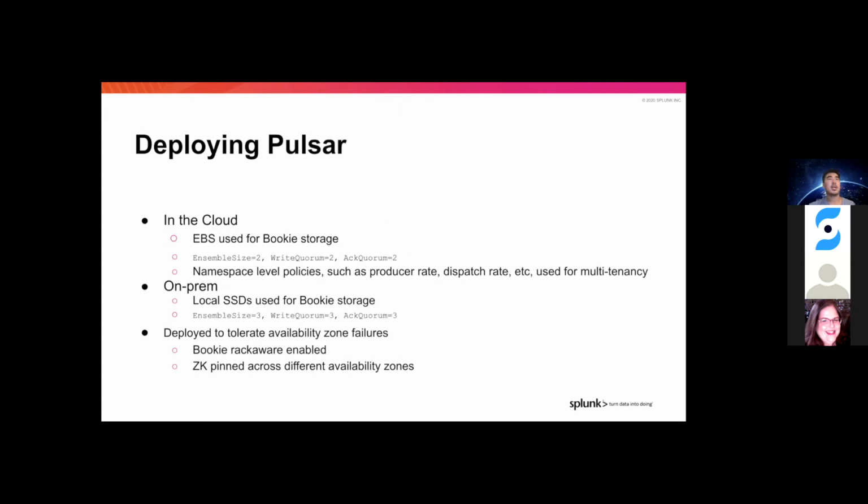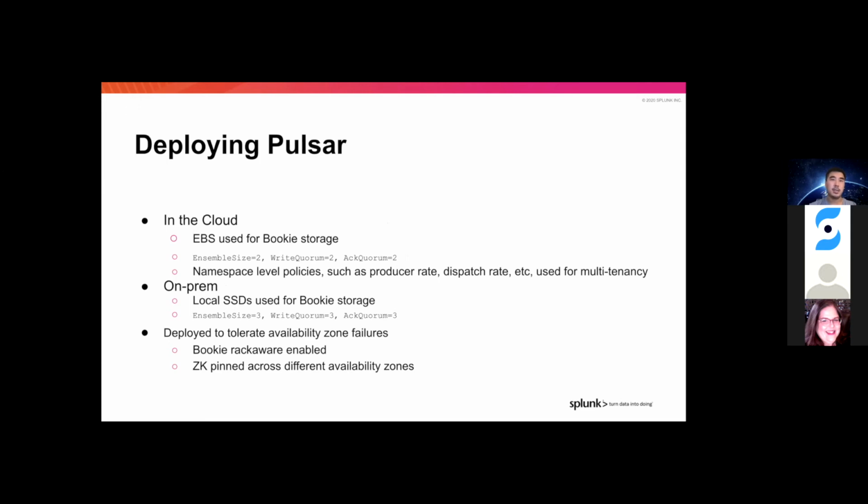So let me talk about some more details of the key, interesting configurations that we're using for deploying Pulsar in the cloud as well as on-prem. In the cloud, we're leveraging EBS in AWS for bookie storage.